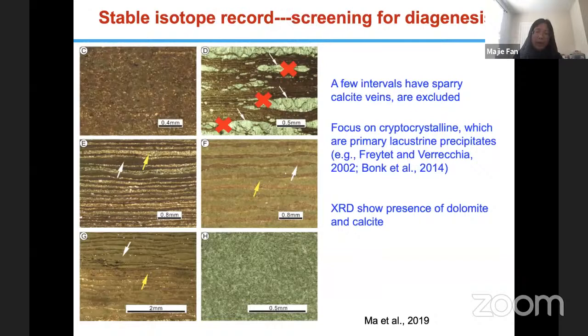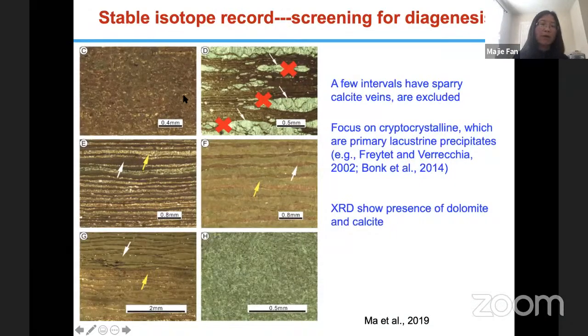Okay, so we're going to apply stable isotopes to the cores from the Bohai Bay Basin. As I mentioned, we really need to be careful about diagenesis because diagenesis can wipe out the original signal. So we looked into many sections and ruled out the intervals that have sparry calcite veins, which look like this.